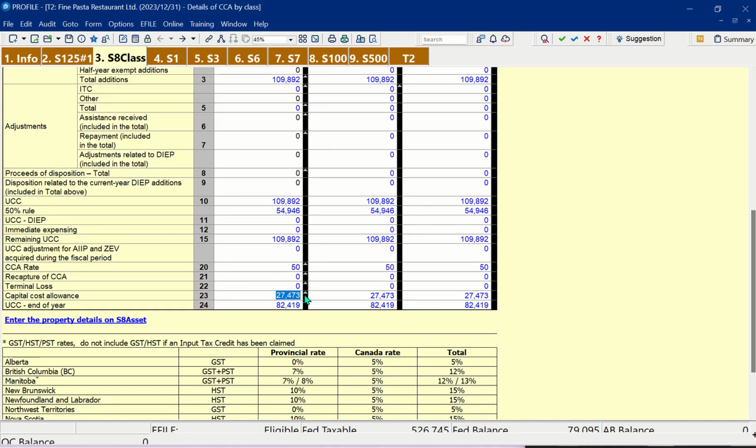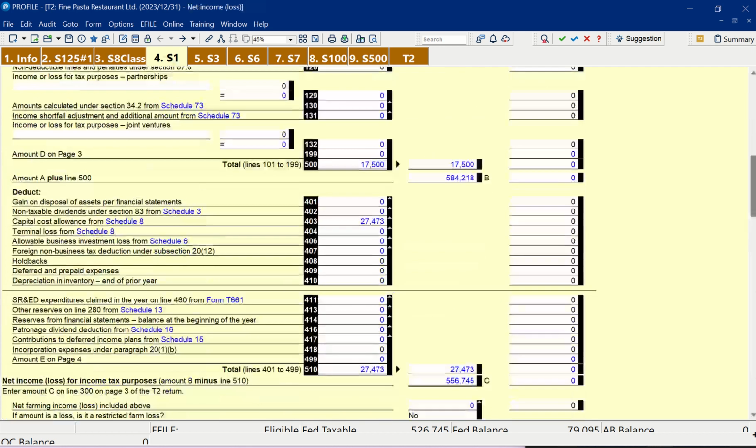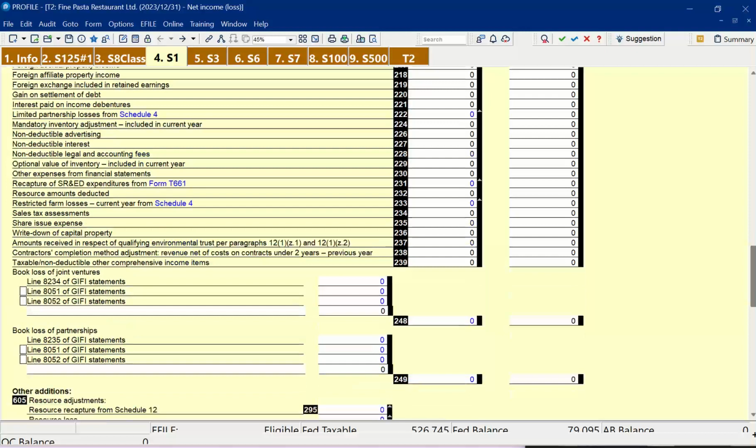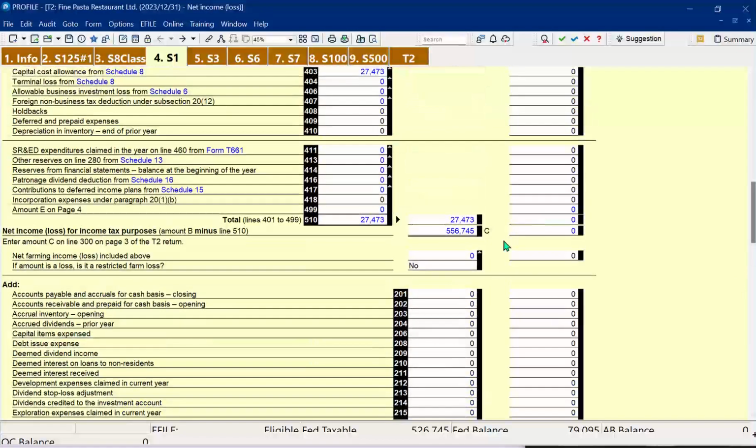You can see that 27,000. As a result of that, a few things change over here. The net income for tax purposes, which is right over here, you can see it right there, also changed. What other things did we change here?